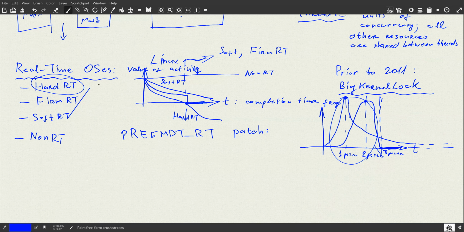Real-time operating systems, apart from Linux with possibly the PREEMPT_RT patch, are the following. You have probably heard about QNX, and most importantly, about VxWorks. And there is a very interesting real-time operating system, which I encourage you to look at, maybe we'll have some time.